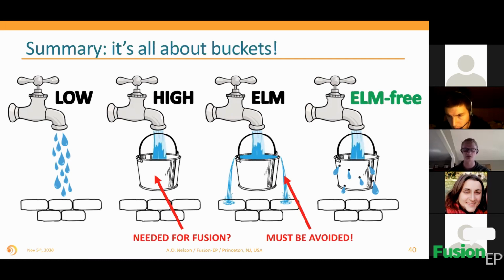And the timescales of these gradients are related to inputs, and they're also related to what type of instabilities might limit the gradients. Besides the kinetic ballooning mode, which I talked about earlier, there's other instabilities that might limit your pedestal, including things like the micro tearing mode or electron turbulent gradient, stuff like that.